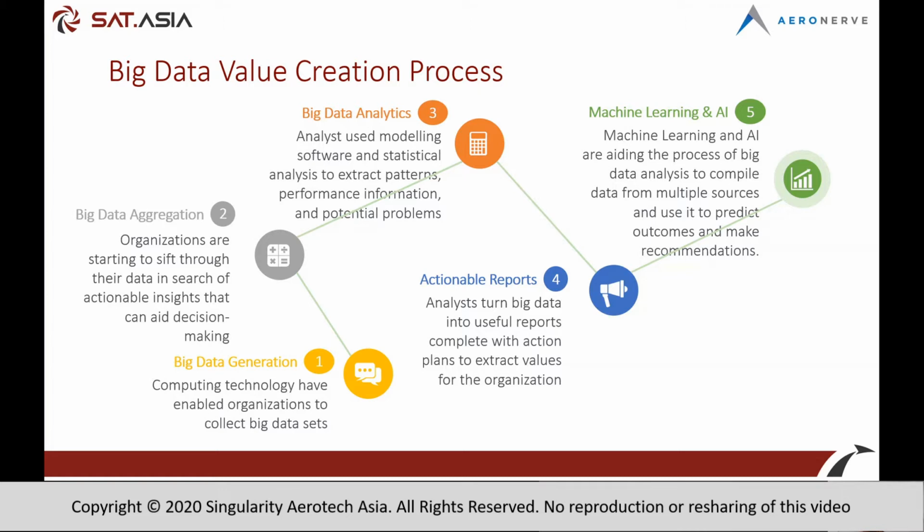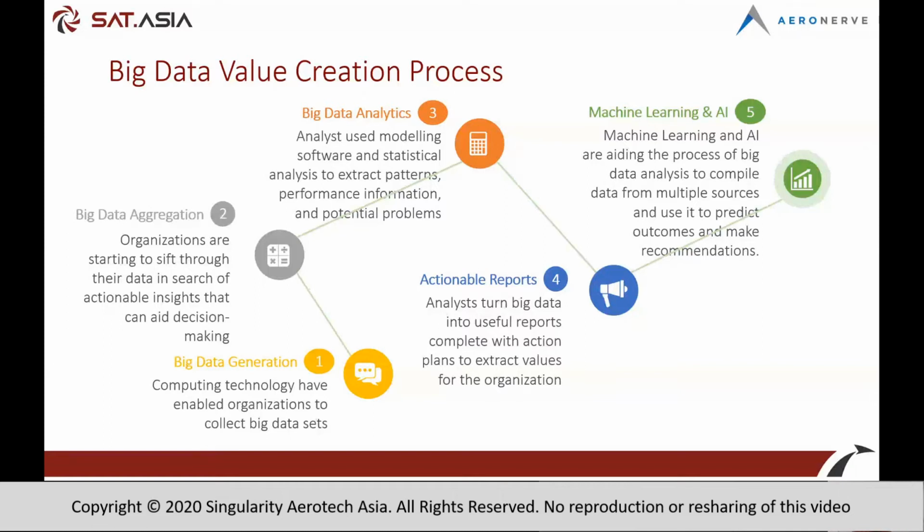We're not really engineers per se, but some of them come from an engineering background. These analysts use modeling software and statistical methods to make sense of the patterns, performance information, and also to look at the potential problems that could arise along the process of running the business.